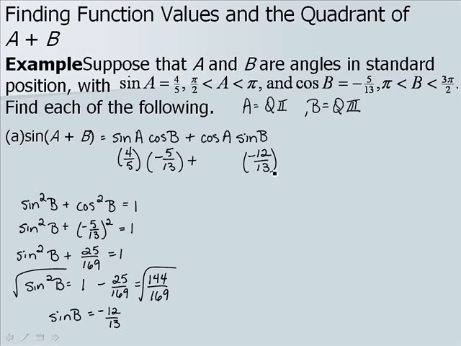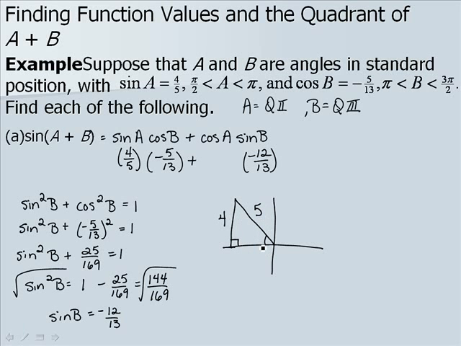And now let me show you how we can find the cosine of a, but let me use our triangles. We know that angle A is in quadrant 2, so we draw our triangle, always using the x-axis with our reference angle here for quadrant 2 for angle A. And we know that the sine, which is the opposite over the hypotenuse, was 4 over 5.